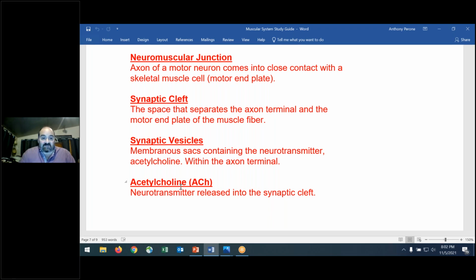Acetylcholine esterase will help to break down acetylcholine into acetic acid and choline, right? And then the whole cycle will begin and more acetylcholine will be produced in the axon terminal. The synaptic vesicles are what actually hold onto the acetylcholine. They have that chemical, that neurotransmitter, present within, and will release it when calcium is released into the axon terminal.